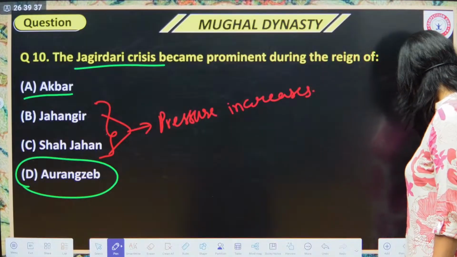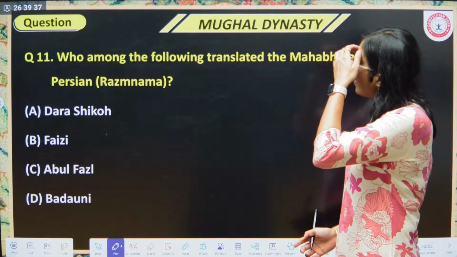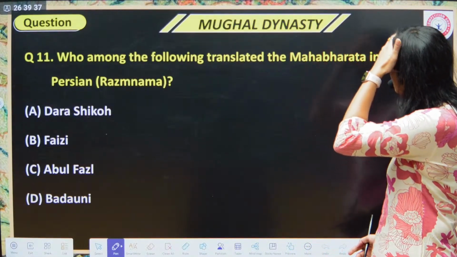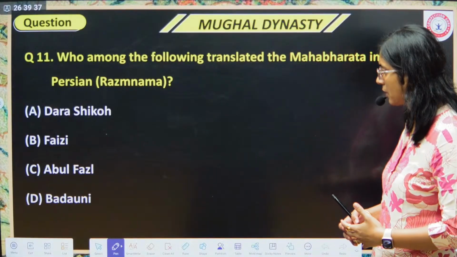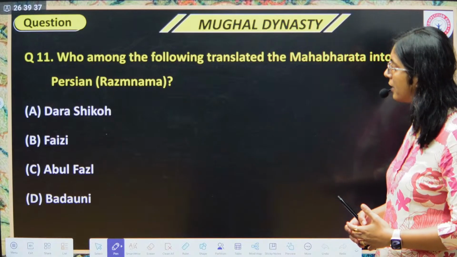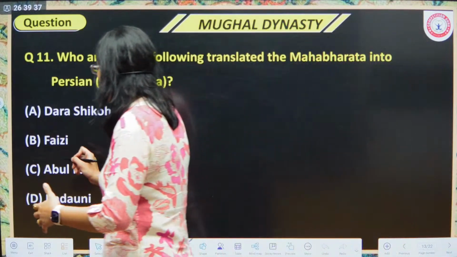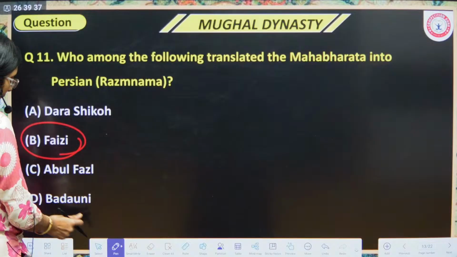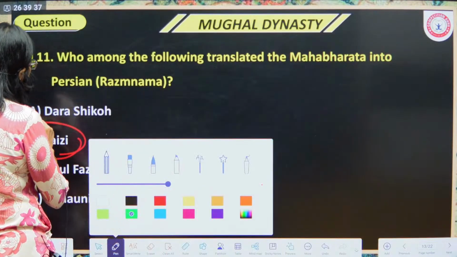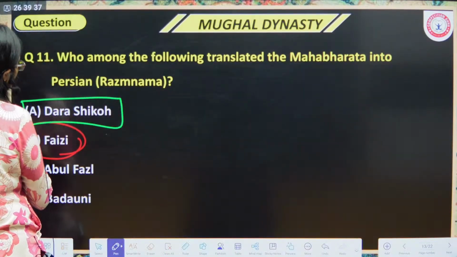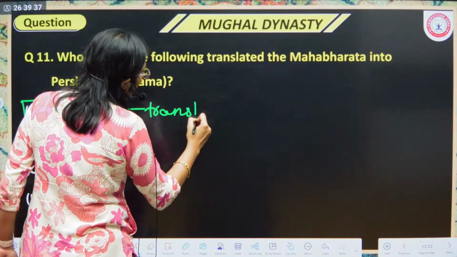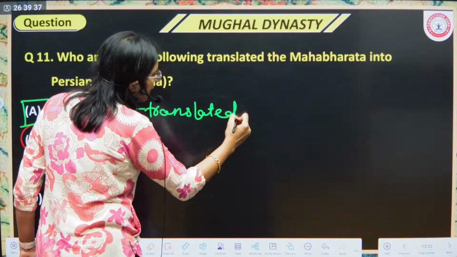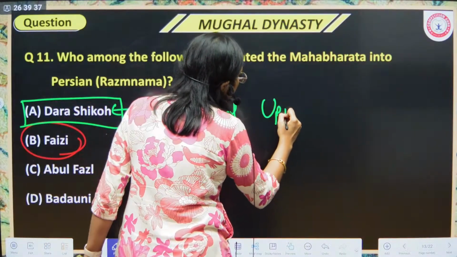For the next question, who among the following translated the Mahabharata into Persian? Right, it was done by Faizi, and you know Dara Shikoh had translated the Upanishads.